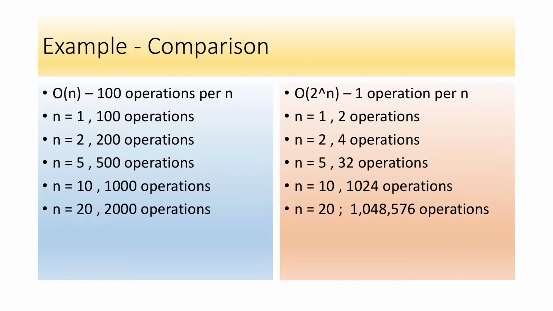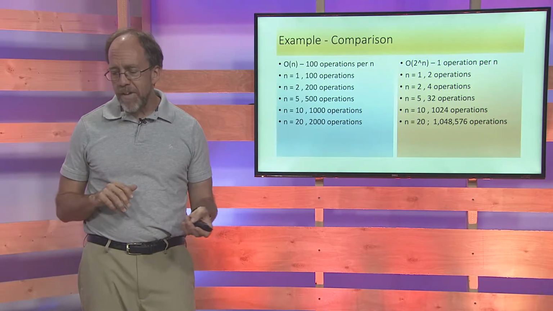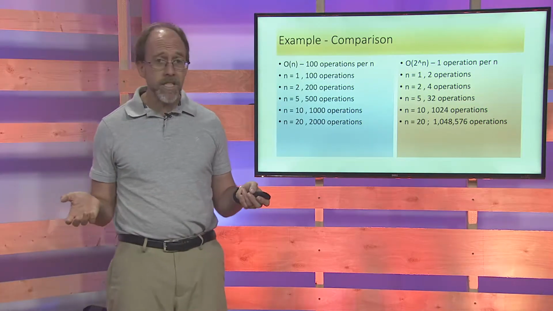There could be multiple, but we don't care. Now, in the n equals 1, n equals 2, n equals 5 cases, the O of n case has more operations being performed. Okay? The O of 2 to the n does not. But we don't care about the small cases. We care about the asymptote. What happens when you get really big?